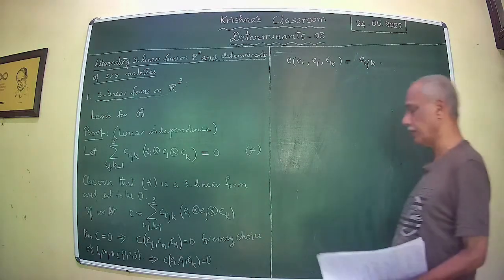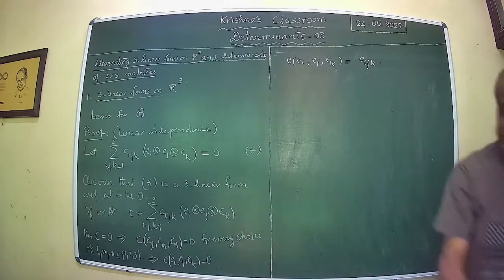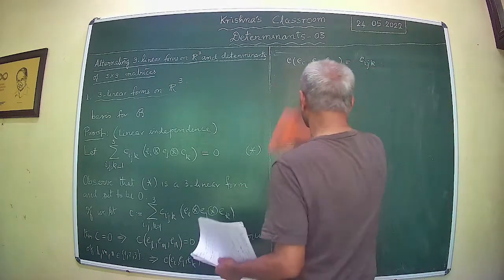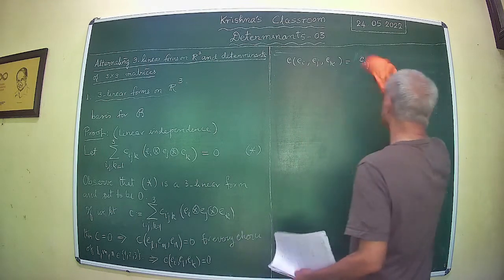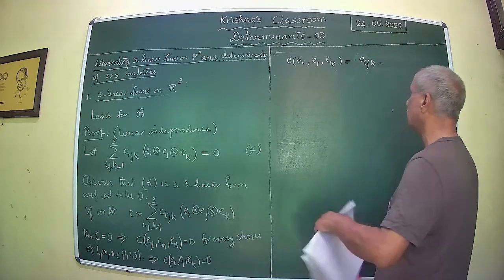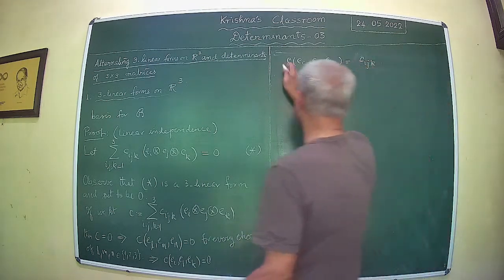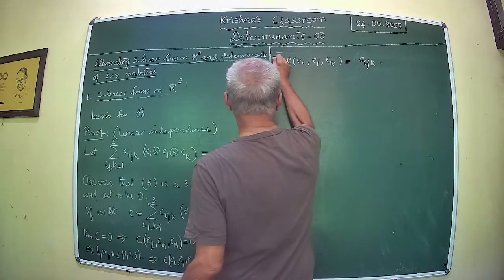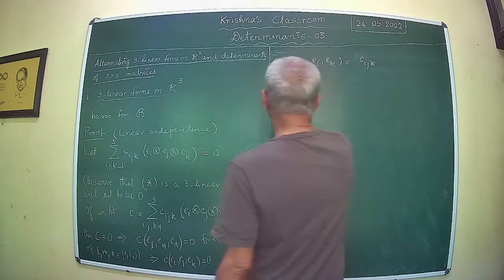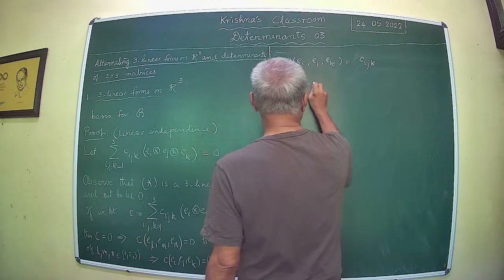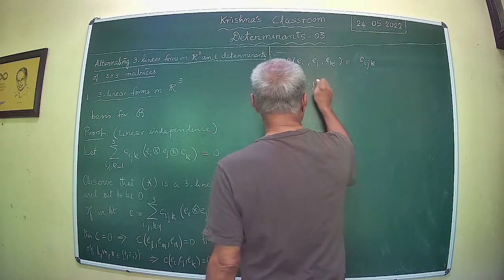This is true for every choice of i, j and k, so there is nothing to prove there. Since C equal to 0, this is equal to 0, so you get c_ijk equal to 0.